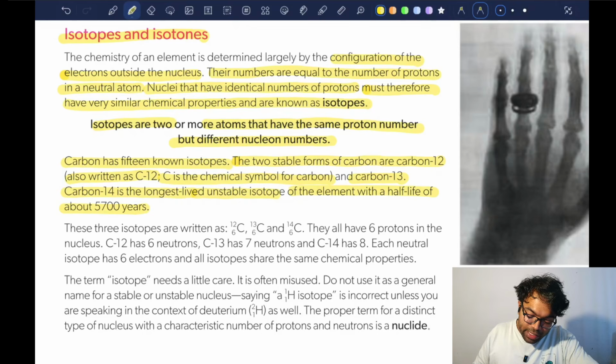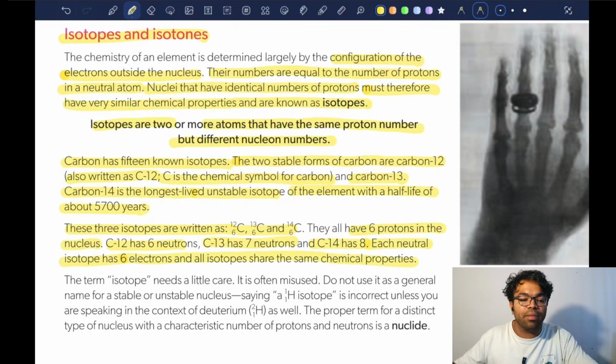Now, these three isotopes are written as carbon 6-12, carbon 6-13, and carbon 6-14. They have 6 protons in the nucleus. Carbon 12 has 6 neutrons, carbon 13 has 7 neutrons, and carbon 14 has 8 neutrons. Each neutral isotope has 6 electrons, and all isotopes share the same chemical properties.